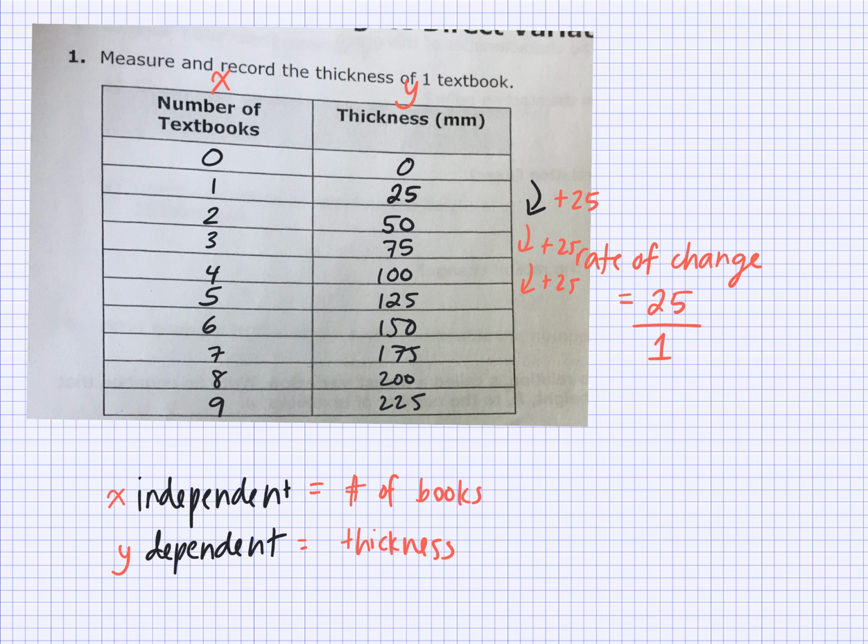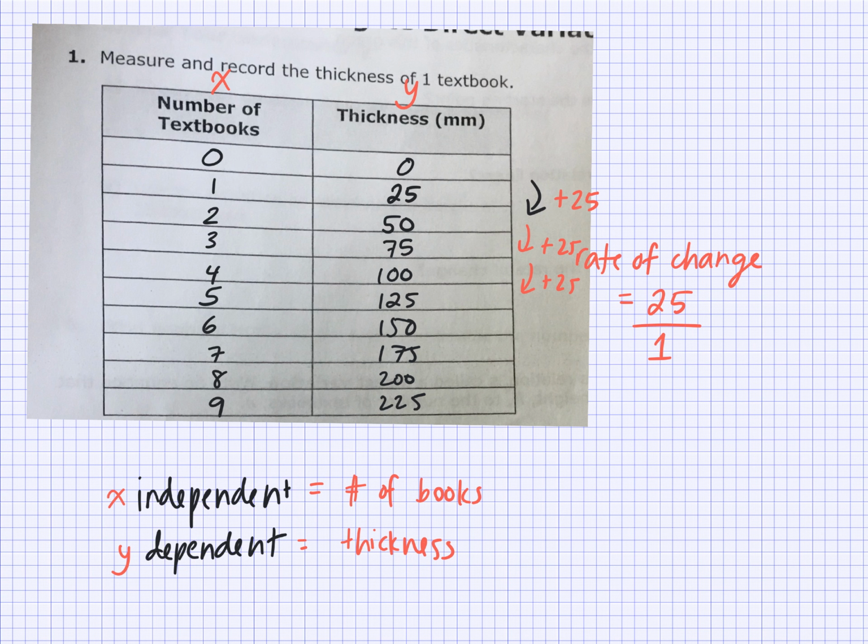Yes. The thickness depends on the number of textbooks. The reason it helps to identify the independent and dependent variables is because then you know where to graph this on the graph. So you're going to graph it now.